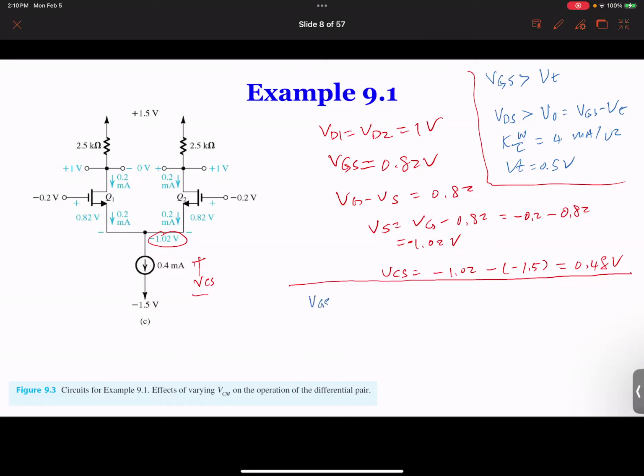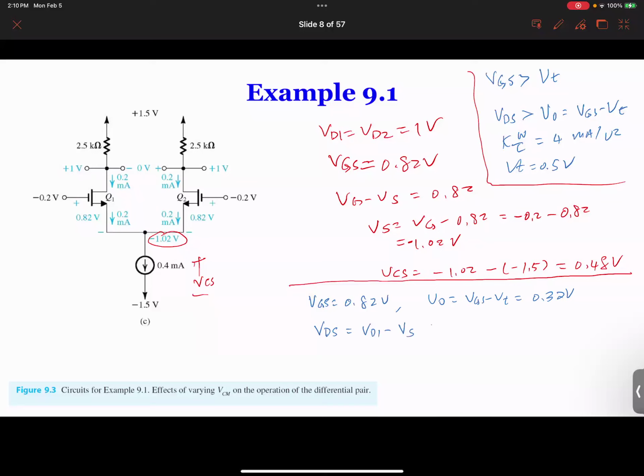VGS was calculated to be 0.82 volts, which means VO equals VGS minus VT. That gives you 0.32 volts. And VDS, how much is VDS? Well, VDS is given by VD1 minus VS.